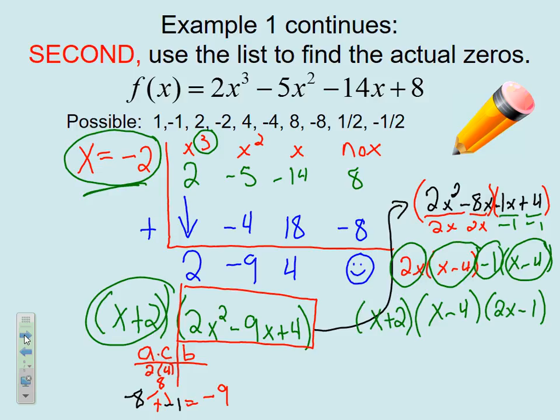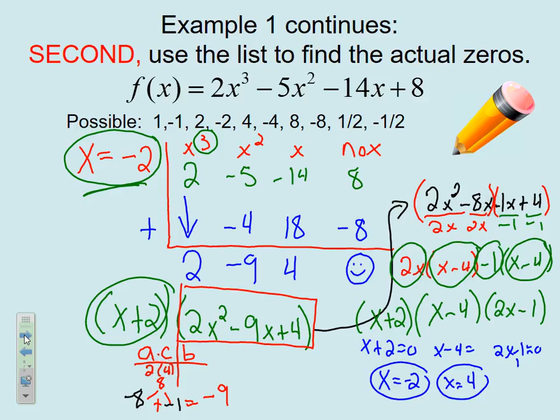These are my factors. I want my zeros or my solutions or what my x-intercepts are. All of those names mean the same thing, so I have to set them equal to 0. So x plus 2 equals 0, x minus 4 equals 0, and 2x minus 1 equals 0. So I get x equals negative 2, x equals 4.